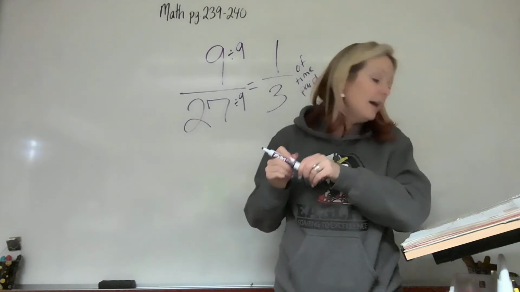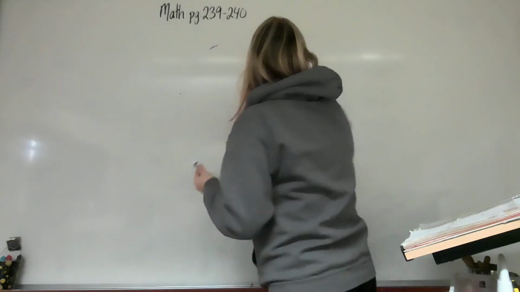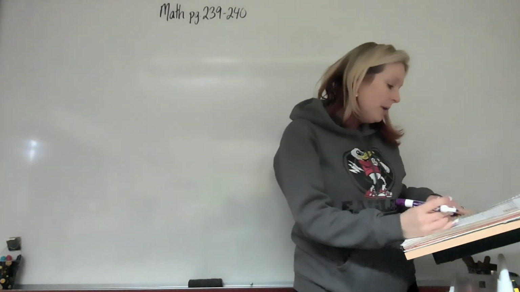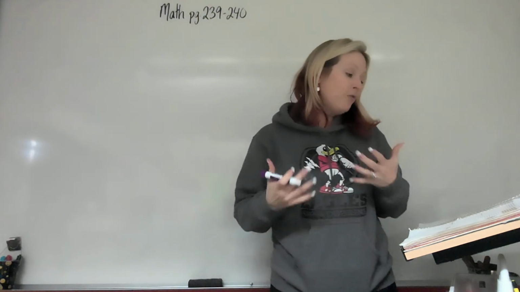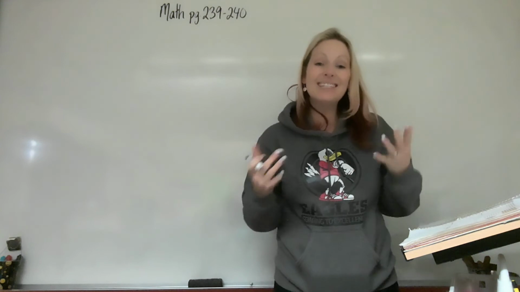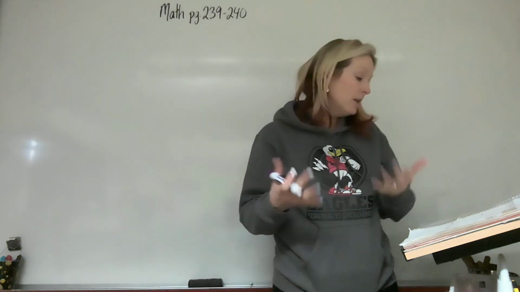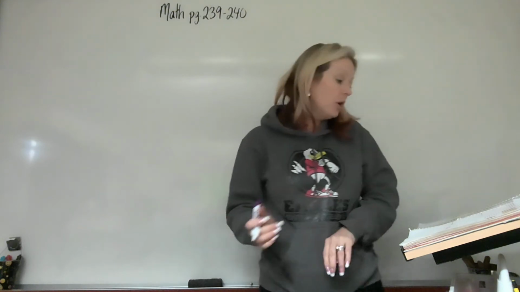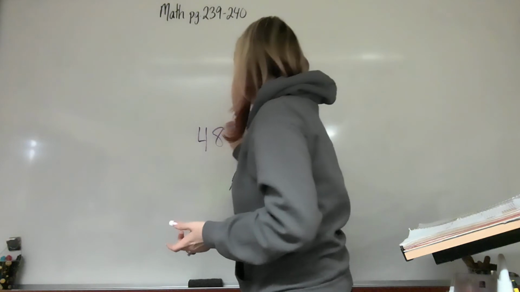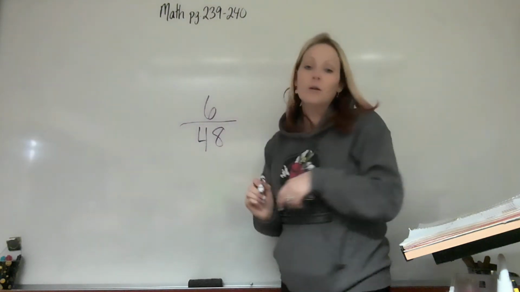We're going to continue with 1B. Okay, so now Mr. Jackson had 48 rows in his garden. He planted peas in 6 of the rows. What part of the garden was planted in peas? So we have 48, and he planted 6.